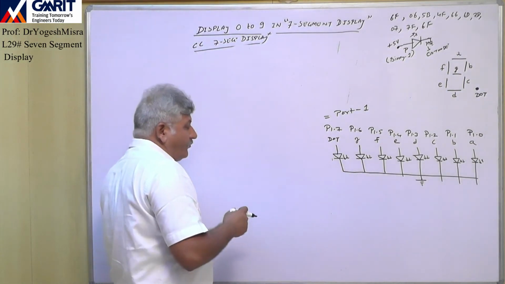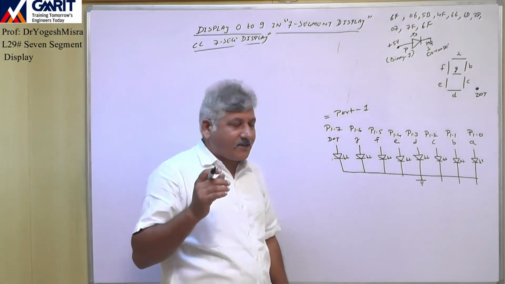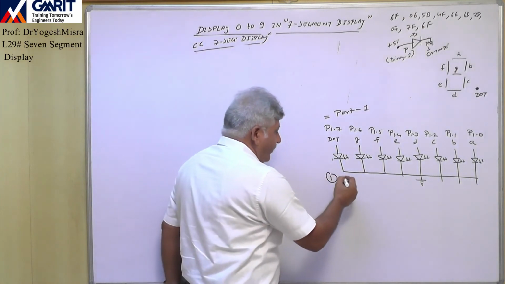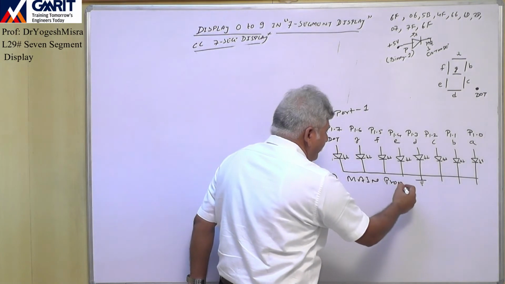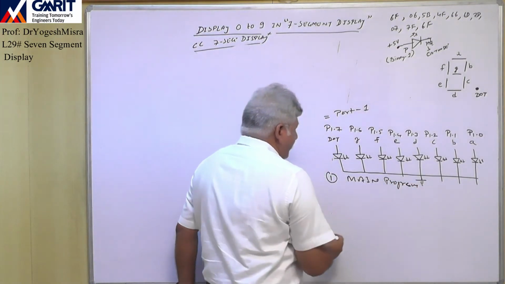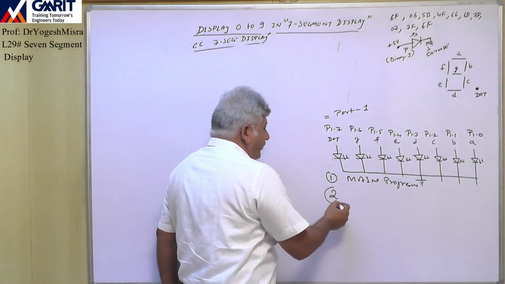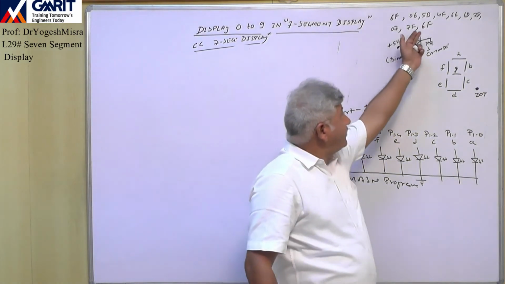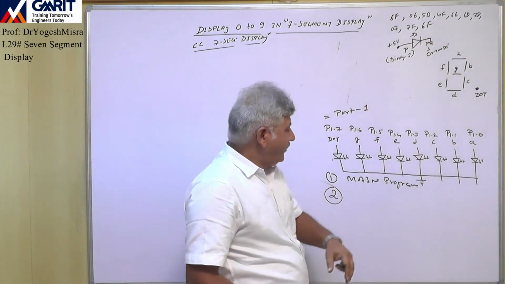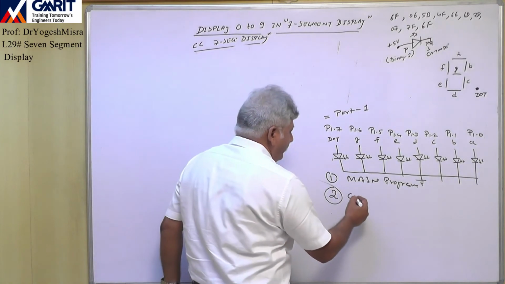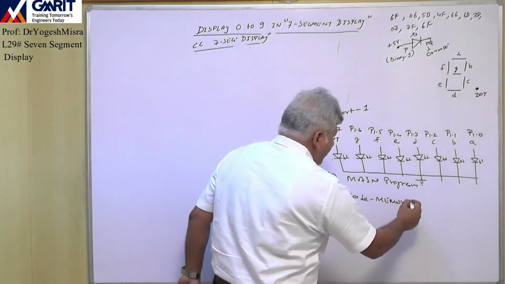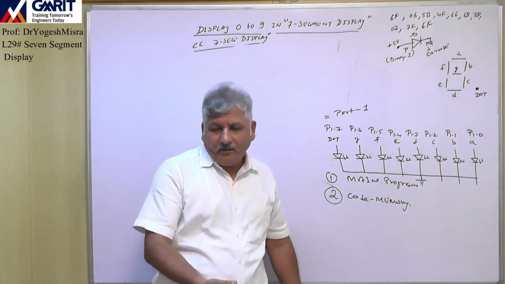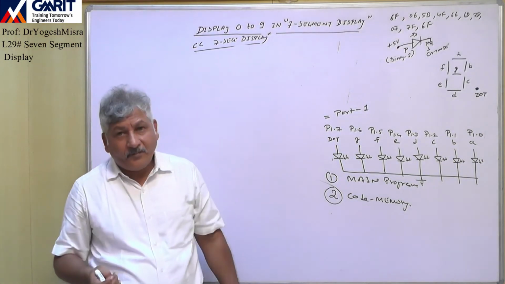So basically we have to write our program in 3 sections. One section will be our main program, and whatever codes we have just now calculated to display the numbers will be loaded in code memory. And from the code memory we will retrieve these codes.